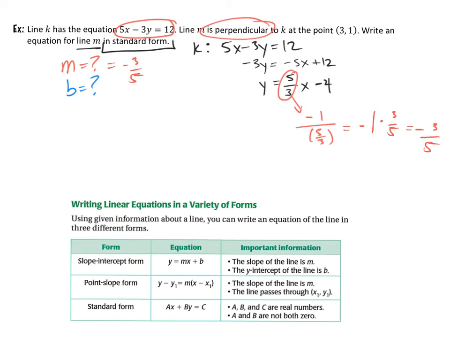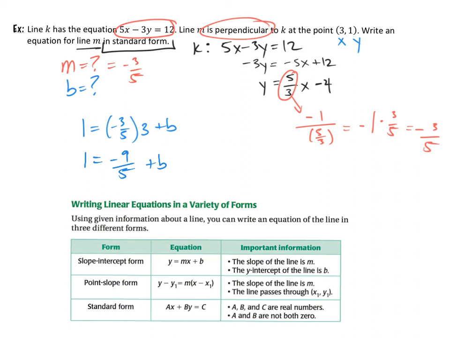And now I have to find b. I'm going to use this point. So y is 1, equals m, negative 3/5, times x, which is 3, plus b. All right, simplifying that, I get 1 equals negative 9/5 plus b.